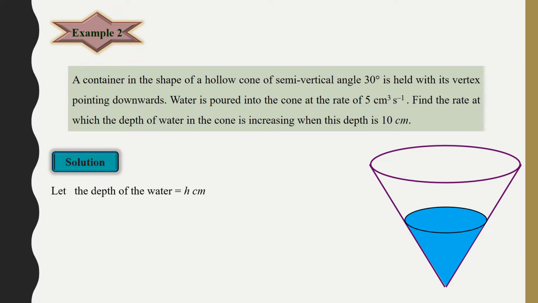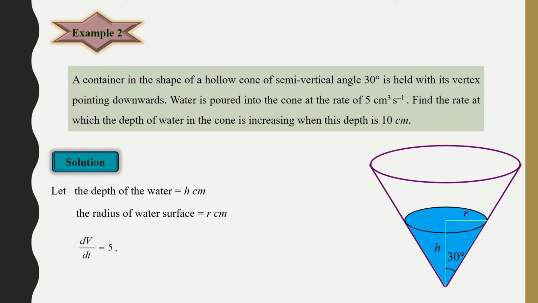Let the depth of the water be h. Depth of water means kedalaman air is h. And then the radius of the water surface is r cm. Jejari pada permukaan air, so this is r. And then the semi-vertical angle is 30 degrees.